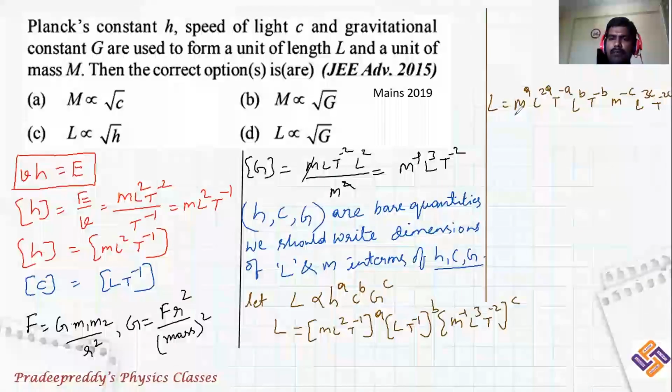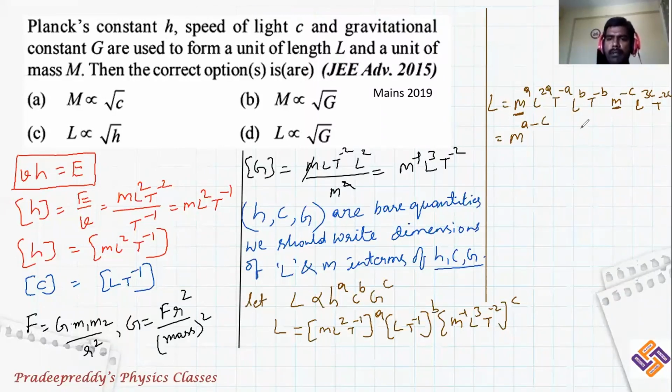Now in this you have M and M. As bases are same, powers can be added: M power A minus C. Similarly, bases are same, I can add those powers for L: L power 2A plus B plus 3C. Check it. Next, time: T power minus A, T power minus B, T power minus 2C.